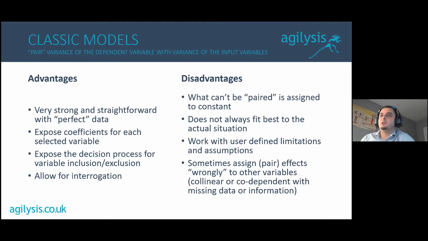So if we work with count data, then we tend to work with logarithmic models, for instance, which is already a limitation to the model. Another quite big disadvantage, especially when you want to apply things in real life, is that sometimes these models pair the effects wrongly to other variables, which might be collinear, codependent, whatever, with some missing data or information. And we'll see that a few slides further.